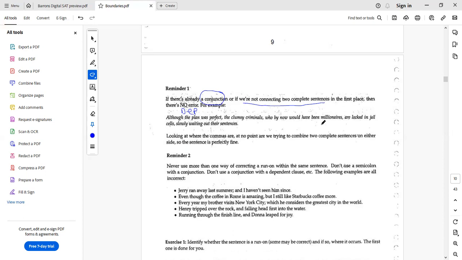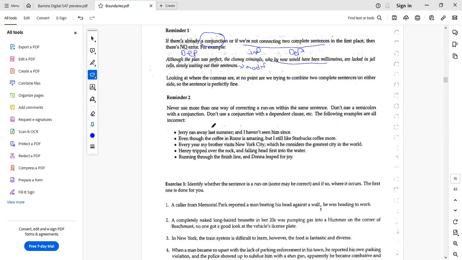Who by now would have been millionaires, this is a dependent relative clause. Are locked in jail cells. So the sentence is like that: the clumsy criminals are locked in jail cells. This is the independent now. Slowly waiting out their sentence is a modifier. So we don't have any problem here. It's dependent, comma, independent, and between we have a relative clause.